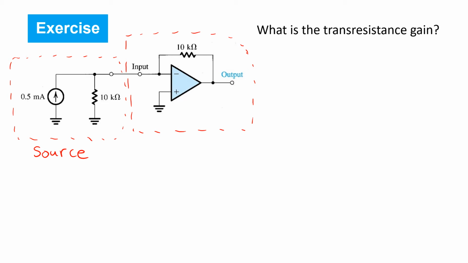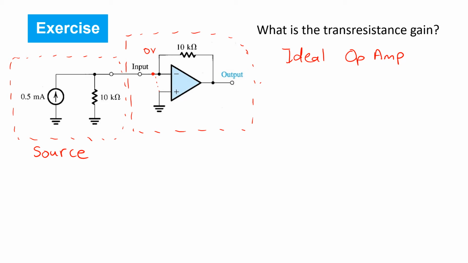So to analyze the circuit, assuming an ideal op-amp, we'll assume it's stable, and then that together with the assumption of infinite gain from the op-amp gives us our virtual short circuit between the input terminals, creating a virtual ground at the negative op-amp input terminal, 0 volts.